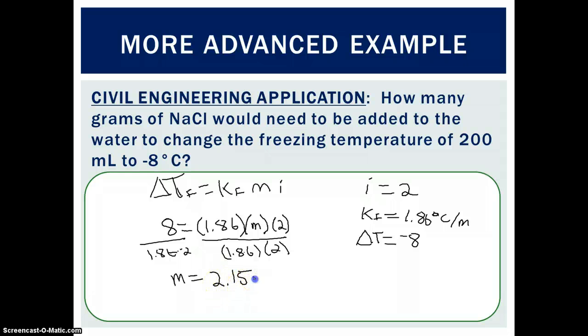Now I know molality, and I know how much water I have. In the equation for molality, I need kilograms of water. All right, if you look at the triangle, horrible triangle, but you get the point. Molality, kilograms, and moles. I can find moles by multiplying molality times kilograms.